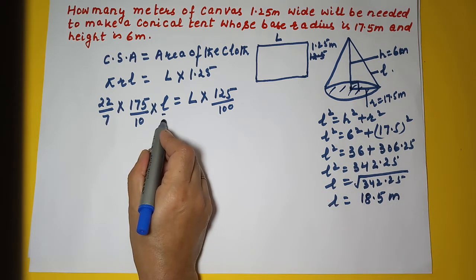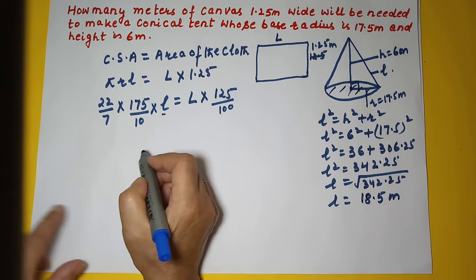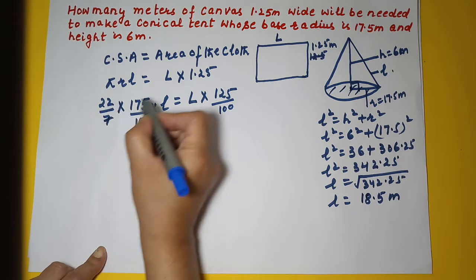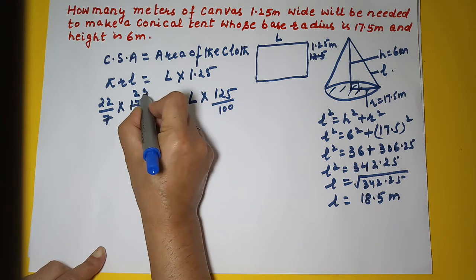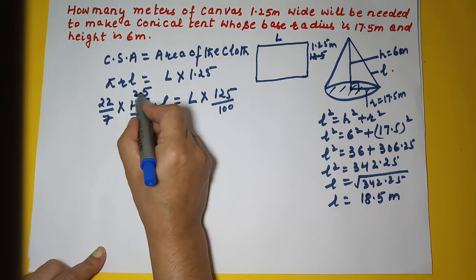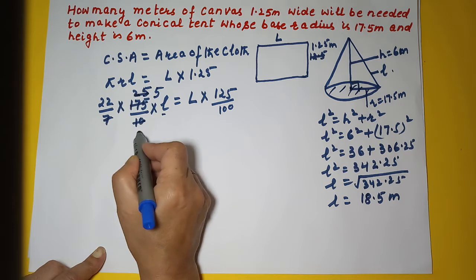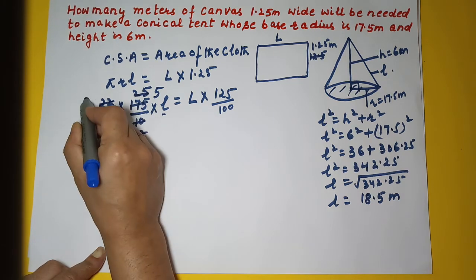Now I will come back here and substitute the value of this L. So here 7 2s are 14, 7 5s are 35, 5 5s are 25, 5 2s are 10, 2 11s are 22.